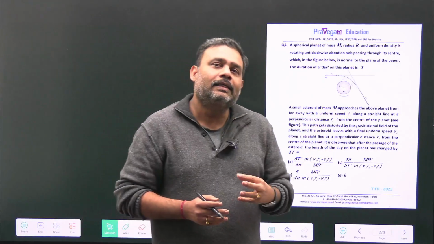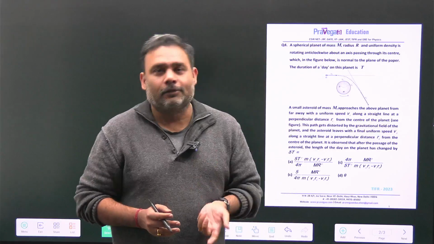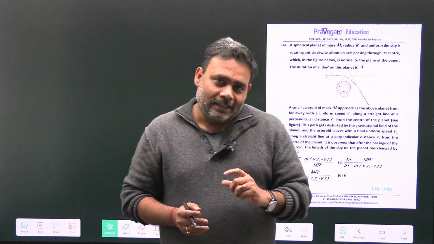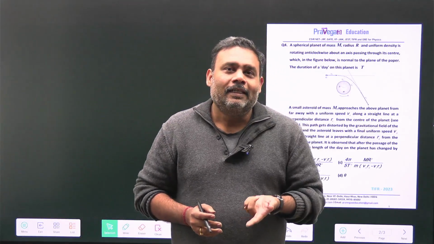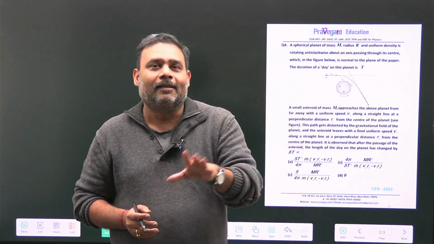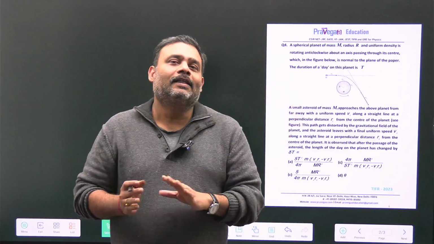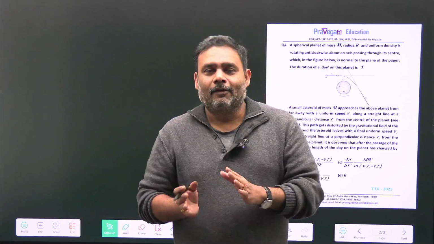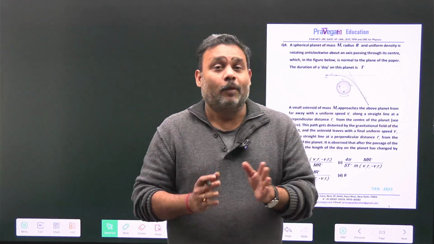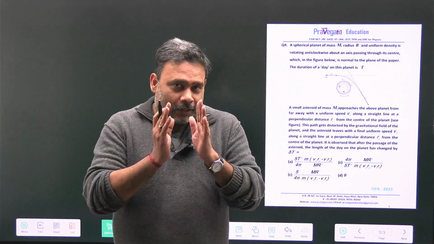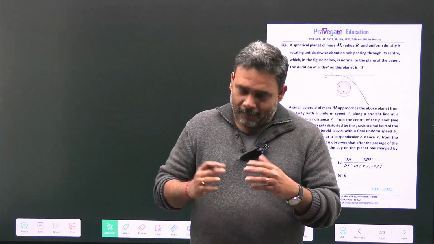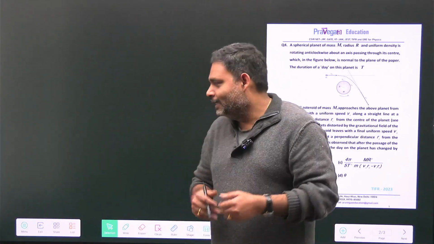That means it will change its angular velocity. And once there is a change in angular velocity, there is an external torque. Once there is an external torque, there is a change in angular momentum. So we will use Newton's second law in rotational form and we can easily solve this problem.